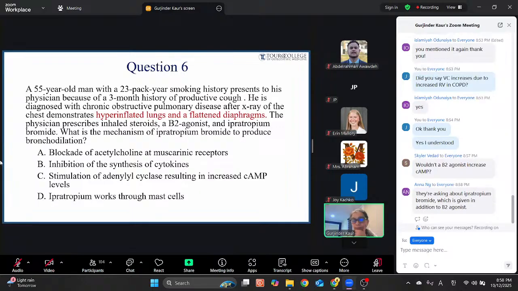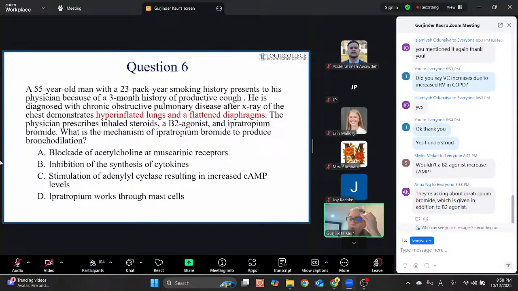Yes, Abdul? If it was the same question, but I asked, what is the mechanism of beta-2 agonist, would the answer be C? Yes, thank you. That is also something you should be ready with. This question was actually pretty good in my opinion. I added this because it's helping you with ANS and also with ANS pharm.